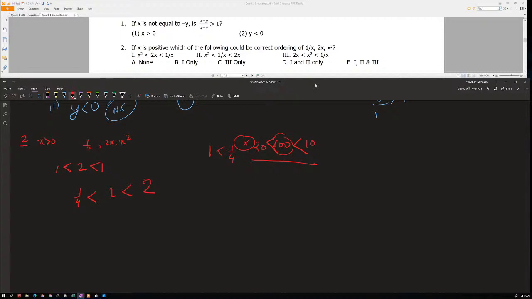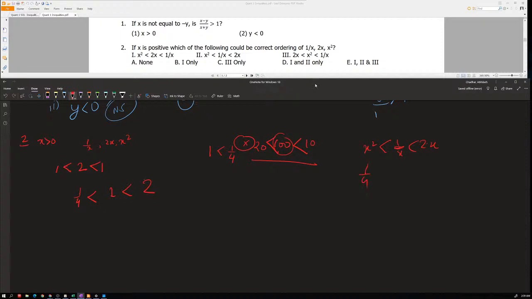So we need to check the second one, where x square is less than 1 by x is less than 2x. How can this be achieved? Anything that is a fraction will go to the smallest. Let's take a fraction like 1 by 2 again.